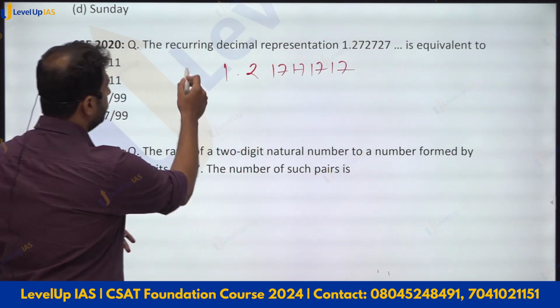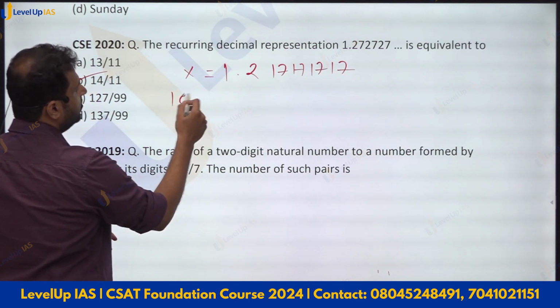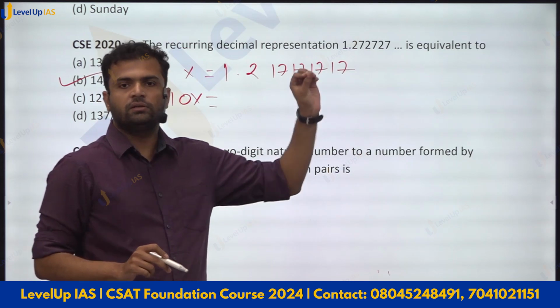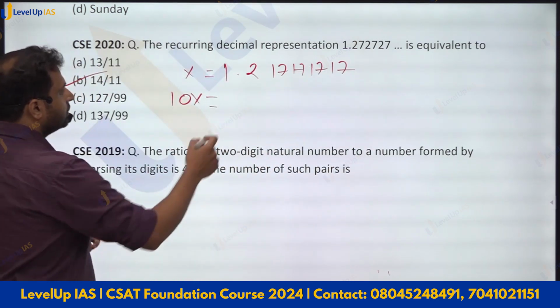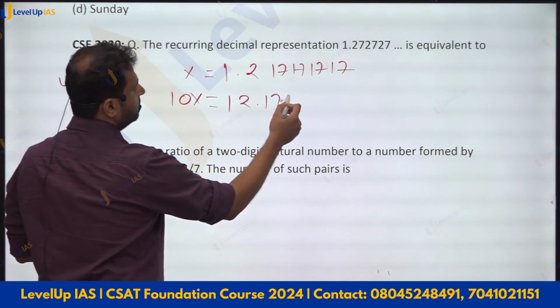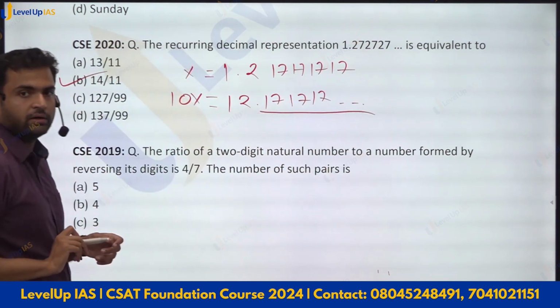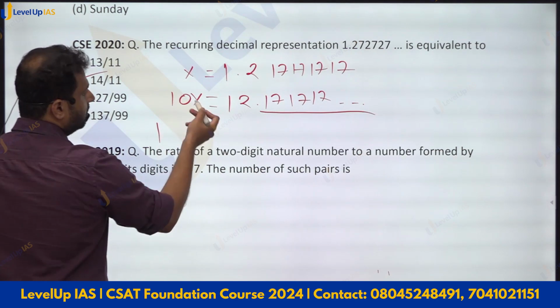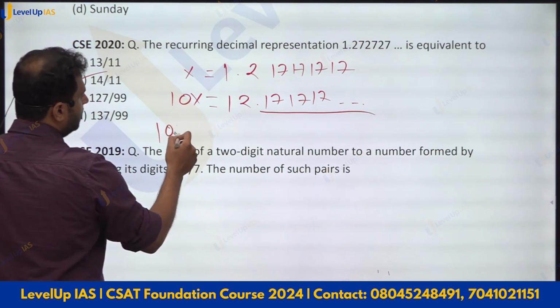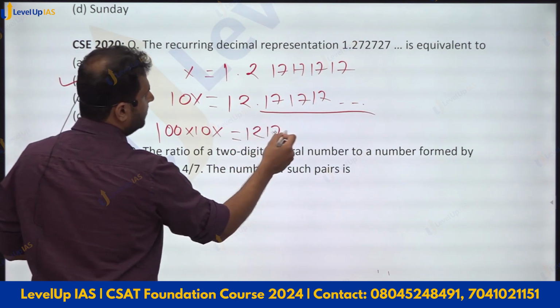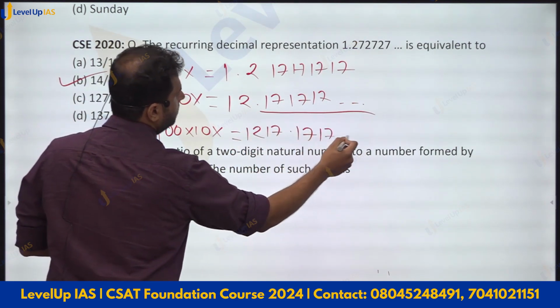So what do we do here is, we firstly ensure that after the decimal point only the things that are repeated come. So we have here 12.1717. So after the decimal point only the repeated things are here, and now we can multiply this by 100. 100 into 10x is equal to 1217.1717, and so on.